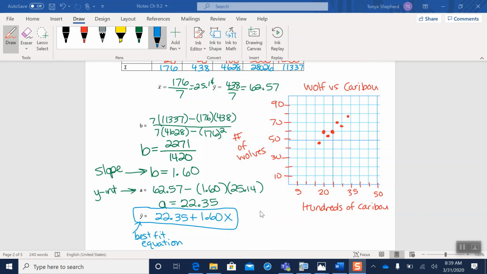Okay, so the last thing that we want to do with this equation is I then need for you to graph this equation on your scatter plot. So normally what we do is we plot our y-intercept and then we count our slope. Well, counting this decimal slope is really difficult. So instead of doing that, what we're going to do is to draw our graph.